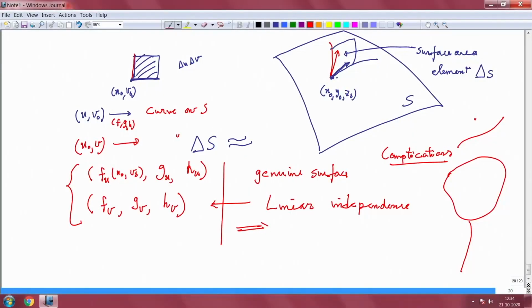You have to avoid all that and see that these two vectors obtained are linearly independent, which is equivalent to saying that the matrix with rows Fu, Gu, Hu and Fv, Gv, Hv has rank 2.